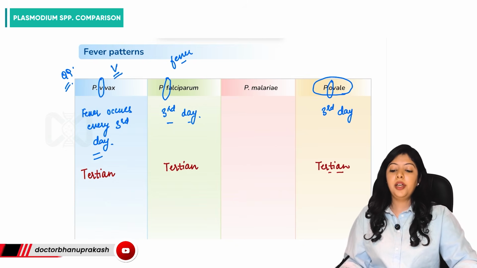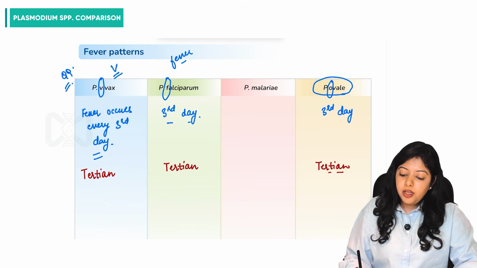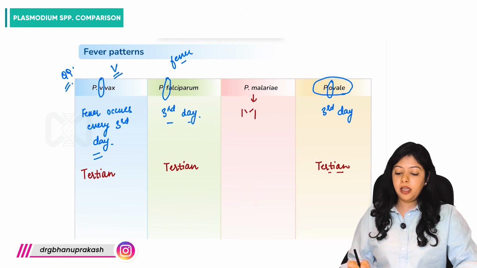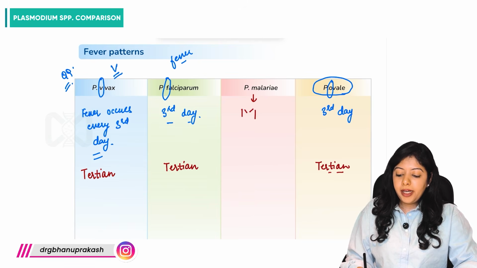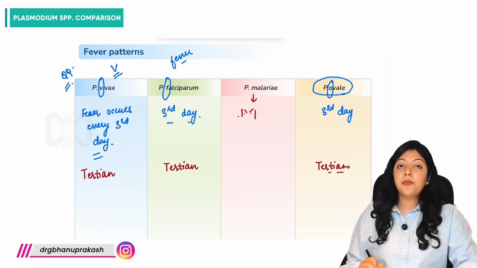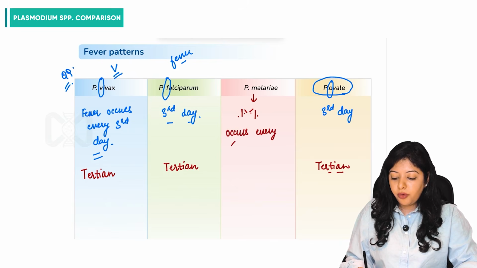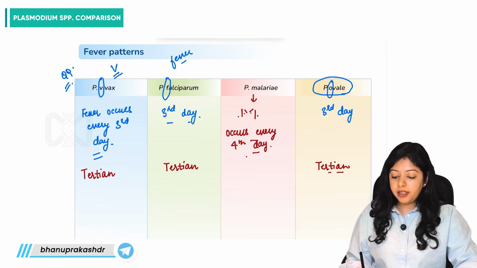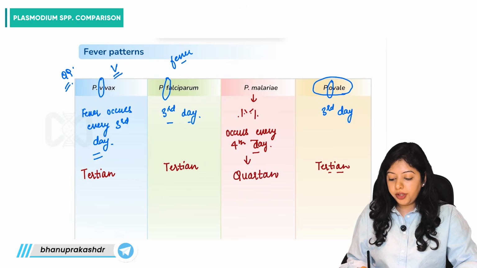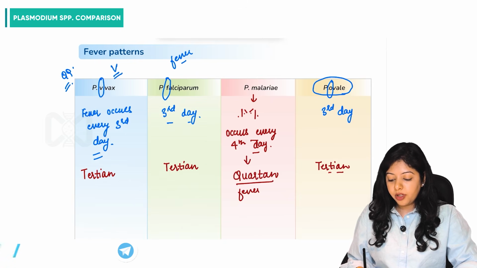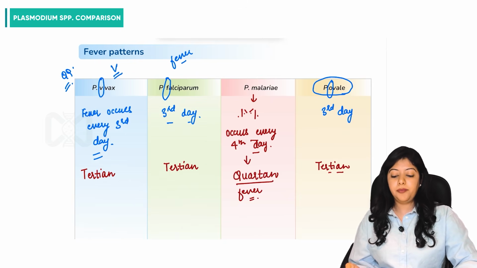And for malariae, you break down the letter M. It has 4 lines, 1, 2, 3, 4. So fever occurs every fourth day. So what do we call it? It is called quartan fever. You remember it this way, right?